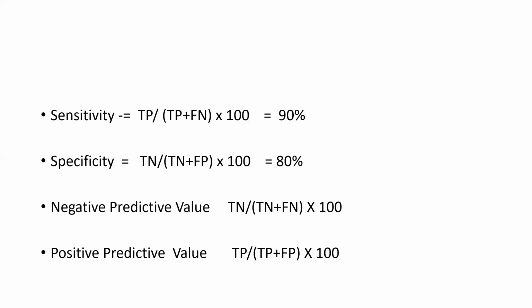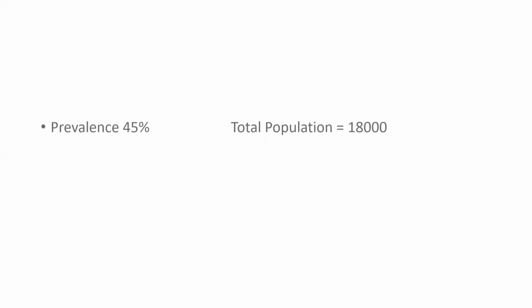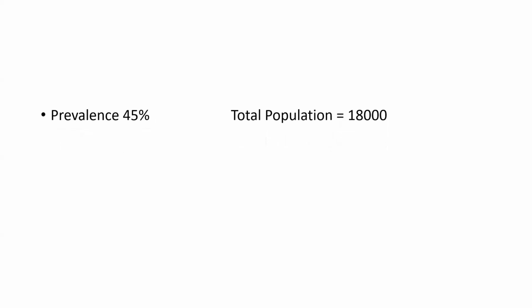These are the formulas that you should make yourself aware of for the purpose of the calculations. A prevalence of 45% and a total population of 18,000 is the first thing you would want to look at as it relates to this question.